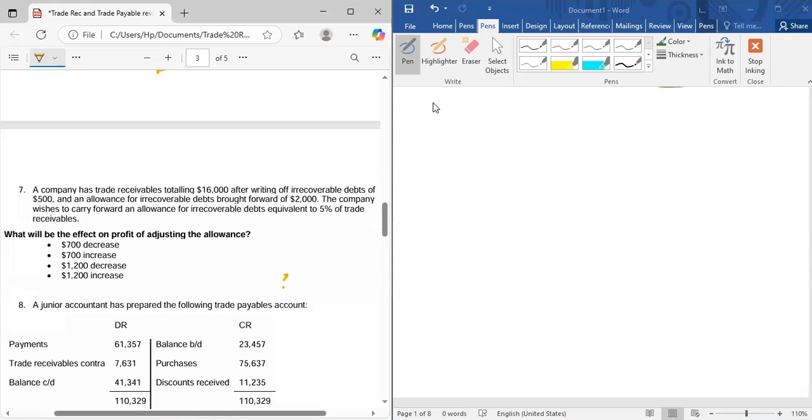So we have trade receivables of $16,000. And these trade receivables are after writing off the bad debts of 500 and after this allowance of $2,000. So now the company wishes to carry forward an allowance, so we will just calculate the allowance on this amount.